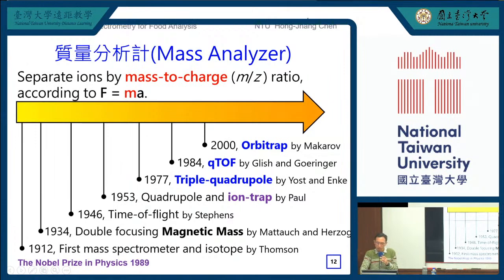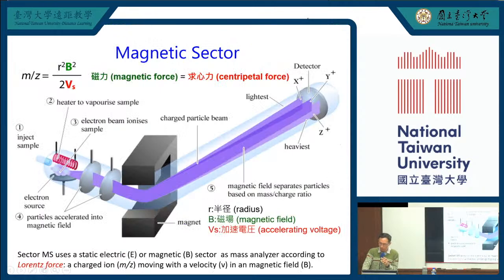And then they defined the time of flight, aka TOF. They also produced the quadrupole and ion trap. They may use tandem MS techniques, so-called triple quadrupole, or quadrupole and TOF, Q-TOF. And in the 2000s, the Orbitrap was developed by Makarov. Again, I will briefly describe these technologies.